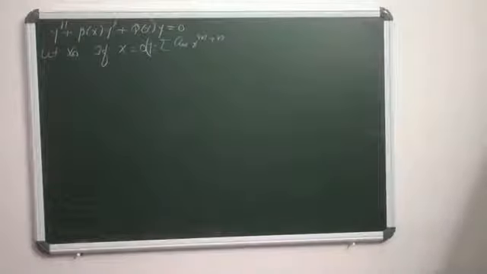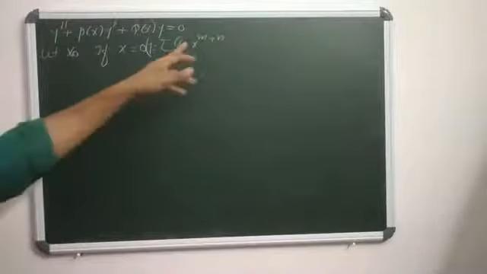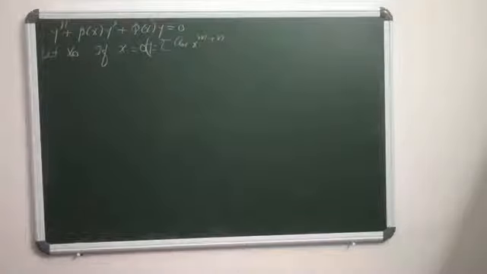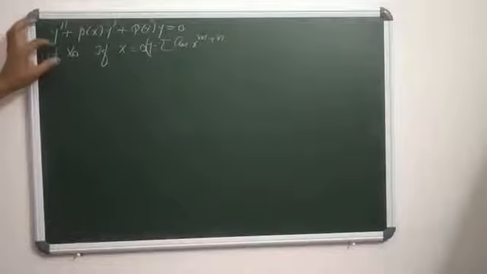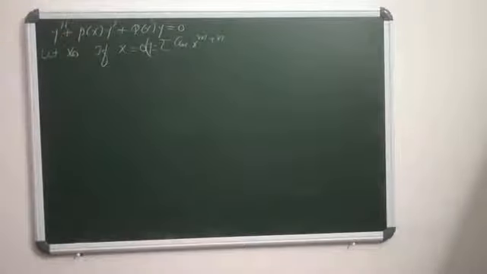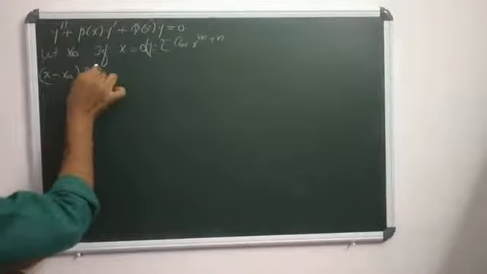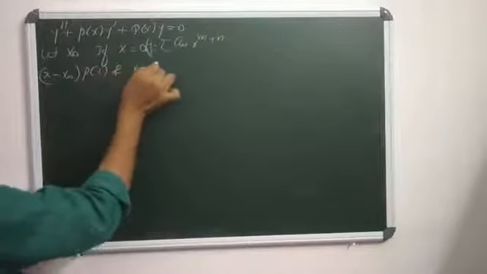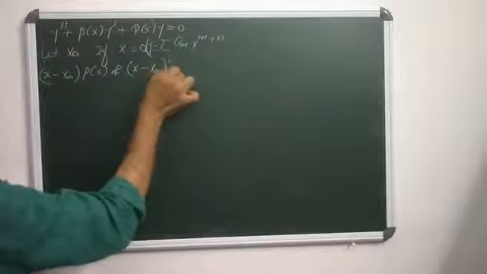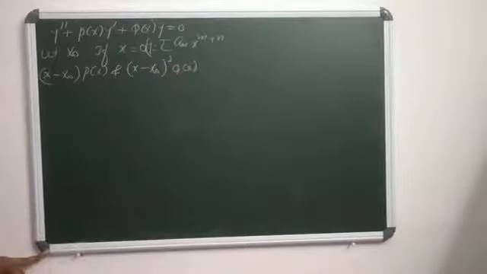Here the exponent m may be negative, rational, irrational, whatever it may be. So x0 is a regular singular point only if (x minus x0) into p(x) and (x minus x0) whole square into q(x) are analytic.